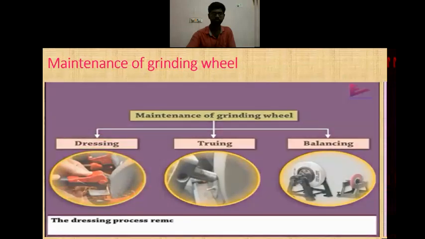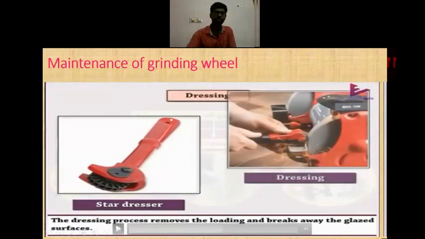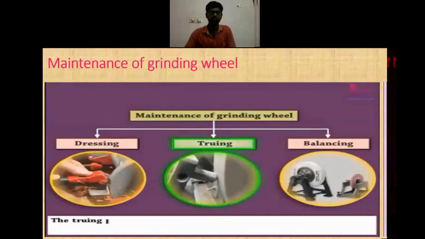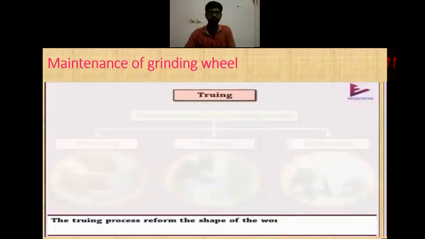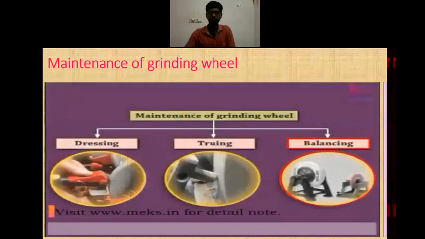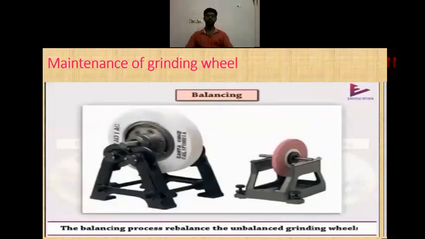The dressing process removes the loading and breaks away the glazed surfaces. This is the tool used for dressing operation. The truing process reforms the shape of the worn grinding wheel by a diamond pointed cutting tool. The balancing process rebalances the unbalanced grinding wheels.